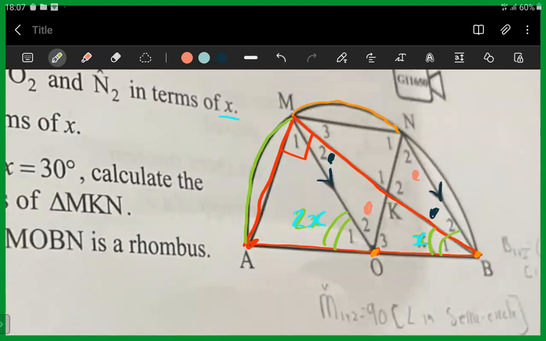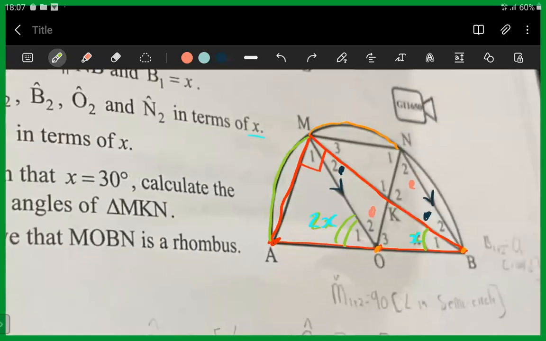Now we just need to craft it into a statement and reason. The first thing is, we say that O1 is equal to the entire angle B. So we tell them that and we give them a reason.